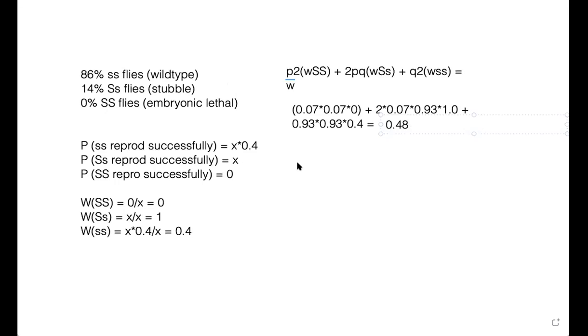Now, to work out what should be the genotype frequencies in the next generation, frequency of big S is going to be P squared times W big S divided by W bar. There should be an equal sign in there.